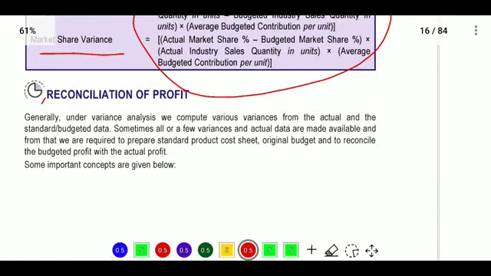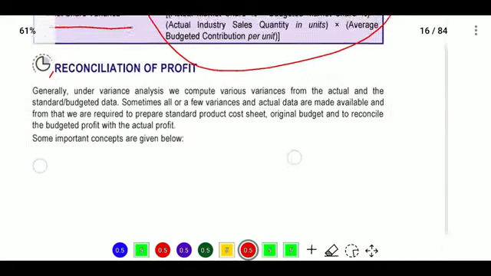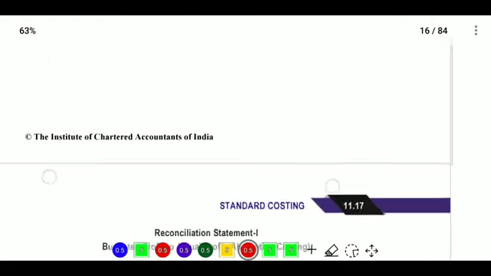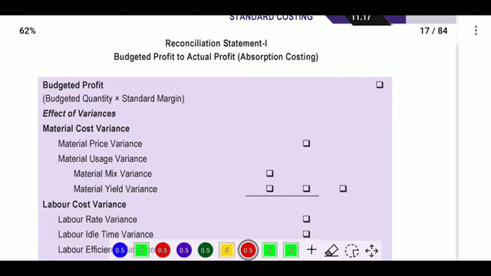Next, reconciliation of profit. Here the reconciliation of profit will be from budgeted profit to actual profit. Here we will use absorption costing. By preparing the absorption costing, we will get this format and the reconciliation statements.